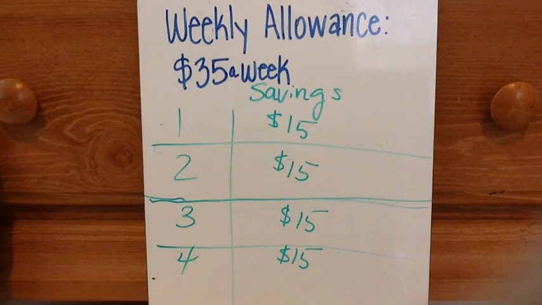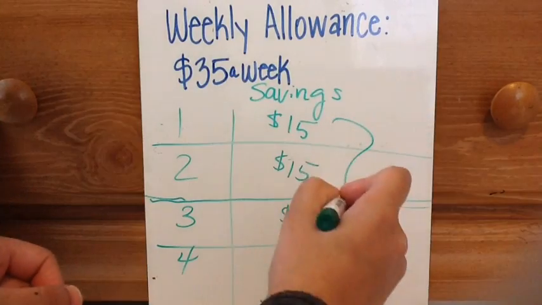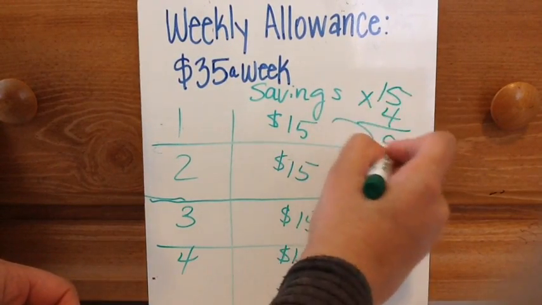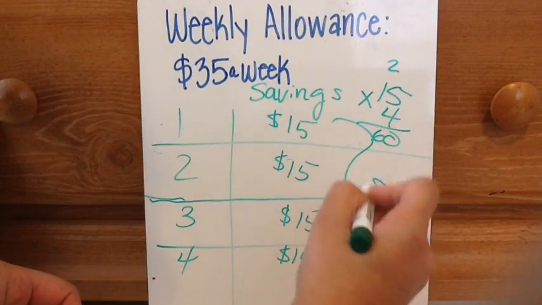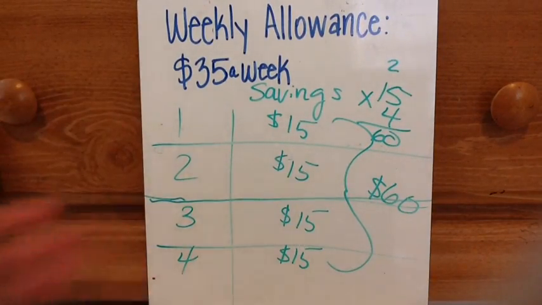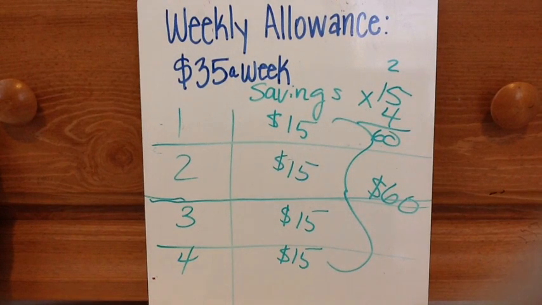Let's say you saved up $15 for a whole month from your allowance, $35 every week. So after 1 month, how much money will you have? Well, if you do 15 times 4, you will have $60 saved up after 1 month if you follow a plan of setting aside some money.